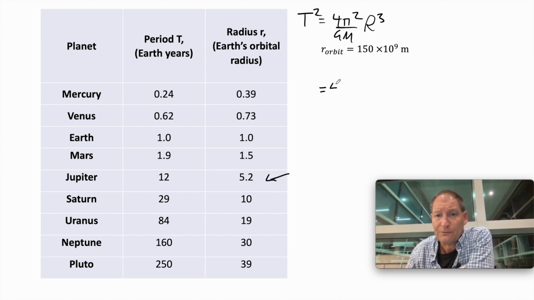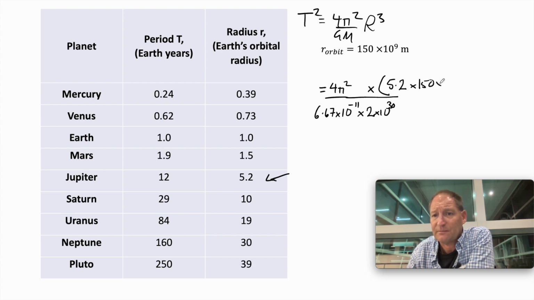We can do 4 pi squared over 6.67 times 10 to the minus 11 times the mass of the sun, which we worked out in a previous lecture, okay, times the radius of the orbit cubed, which is 5.2 times 150 times 10 to the 9, all cubed.